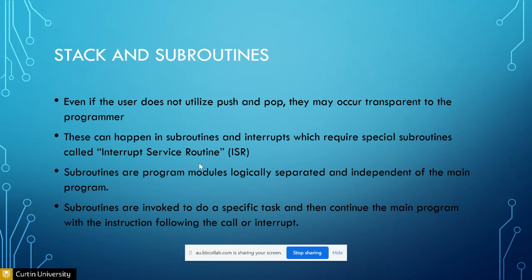This slide is talking about the application of stacks in subroutines. You might not be aware, but every time this interrupt service routine is invoked, for example you're running a while loop blinking an LED and suddenly the user keys in, that is an example of an interrupt.